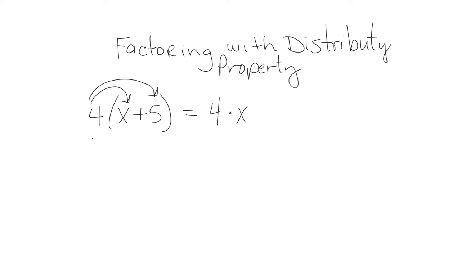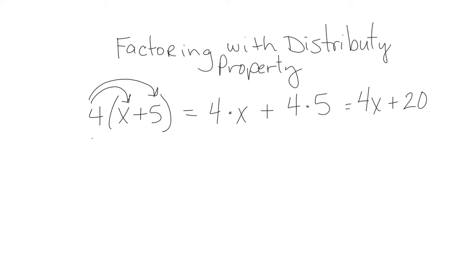So you would say 4 times x plus 4 times 5. Then we simplify that by saying 4 times x is 4x plus 20. So now we have an addition statement that has 2 terms and they are unlike terms. So we have expanded that expression all we can do.